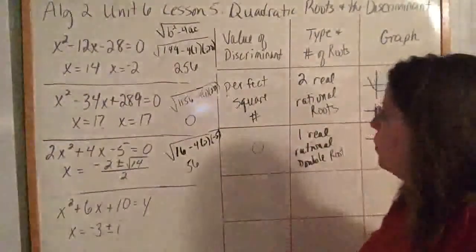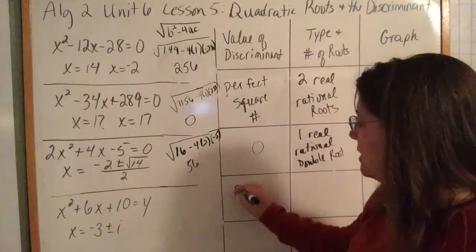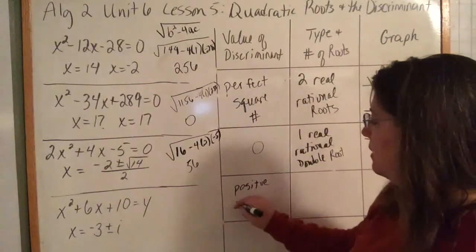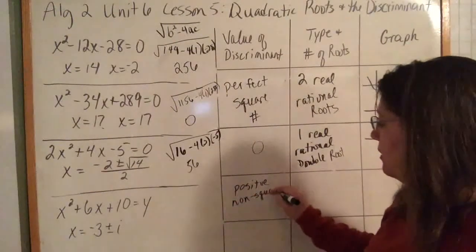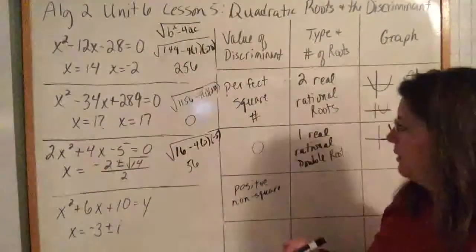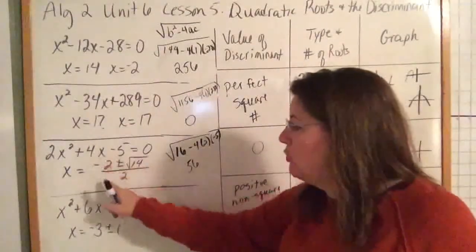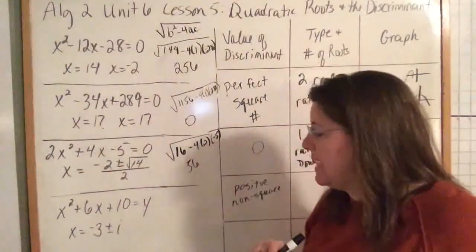Okay? So when the discriminant is a positive non-square number, in other words, it's not a perfect square, then you have, look at our roots, 2 roots still, because we have -2 plus or minus the square root of 14.